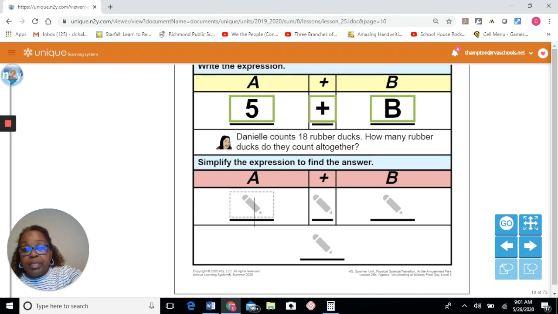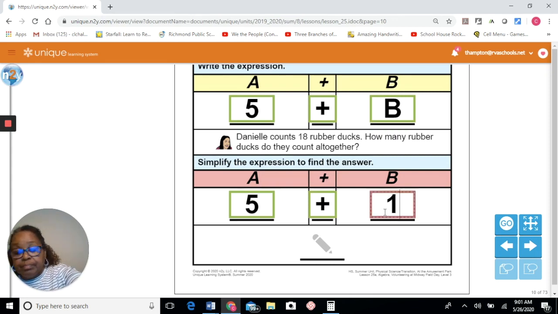We knew that from the beginning. And now we have to bring over our addition sign. And now we know that B is 18. 5 plus 18.